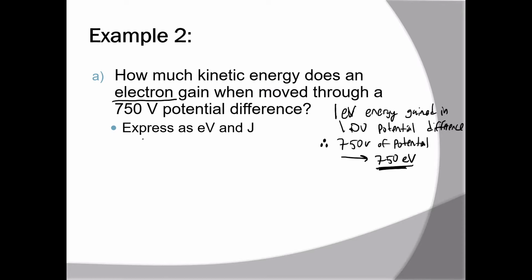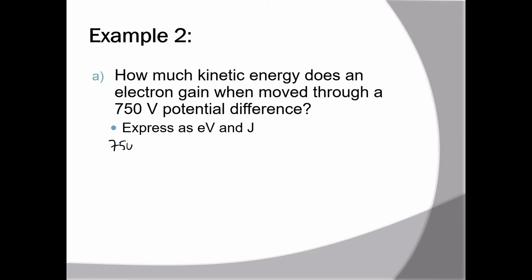Now, if I express this in joules, how many joules is 750 electron volts? Let's do this properly. It's 750 electron volts worth of energy, and we know that for every 1 electron volt, we get 1.6 times 10 to the negative 19 joules.